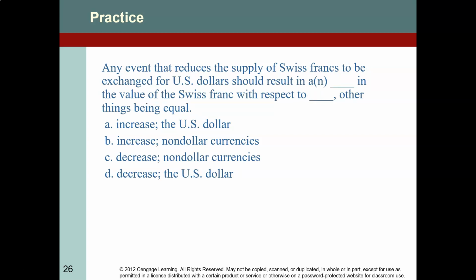Any event that reduces the supply of Swiss francs to be exchanged for the US dollars should result in what change in the value of Swiss francs with respect to which currency? Pause the video, think about it.